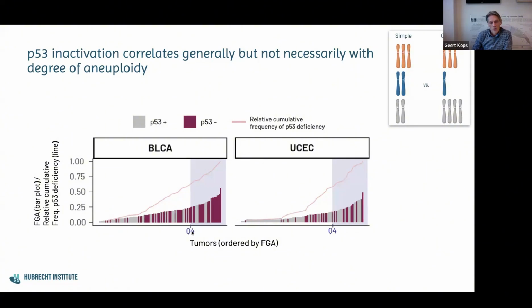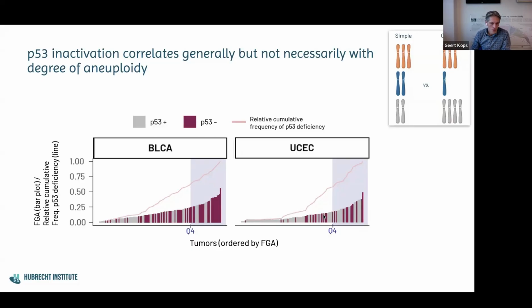We ranked them based on fraction of genome altered here on the x-axis, and we color-coded them again according to p53 mutations. And you see, for example, here that the very highest aneuploid samples in bladder cancer are all p53 mutant. But you also see, for example, in the endometrial cancer, that this highest quartile of FGA does not seem to be much more enriched for p53 mutations than the third quartile in this case.